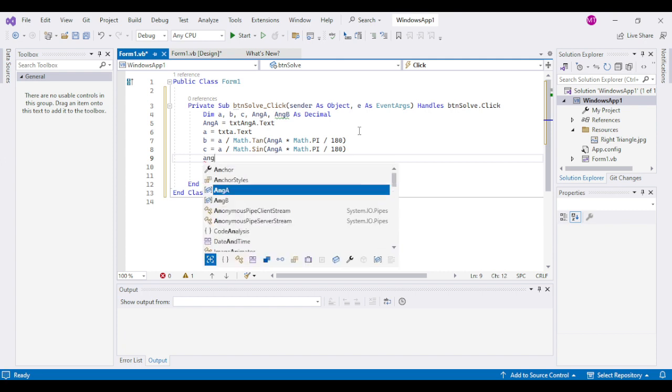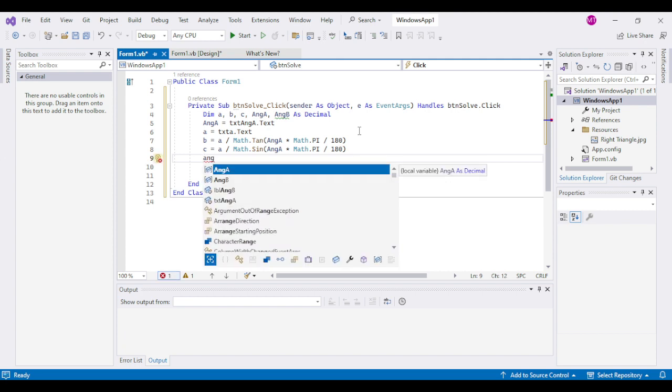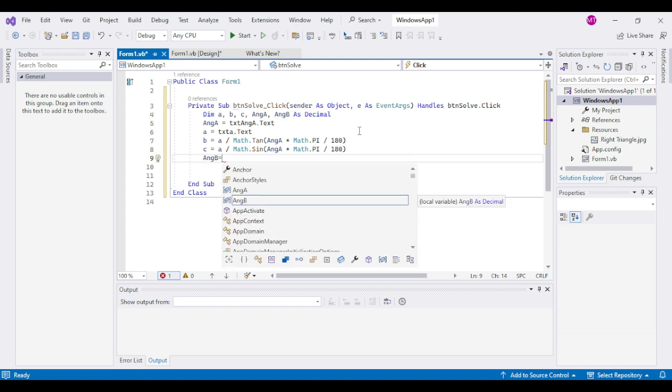Then we have to solve for ang B. We can use either tangent, sine or cosine. But I will use cosine because in angle B, our adjacent side is side A, and the hypotenuse we have is C. So I'll use cosine.